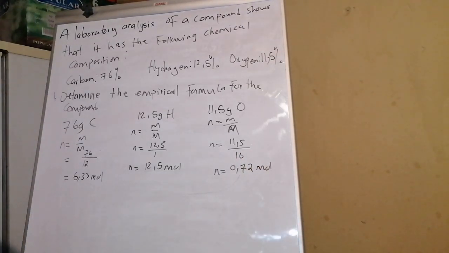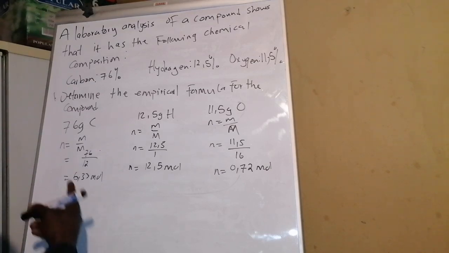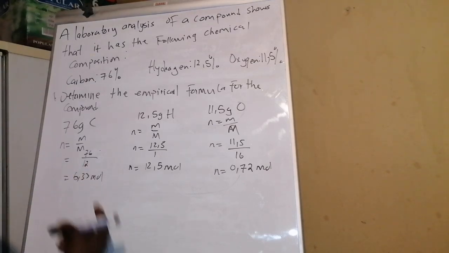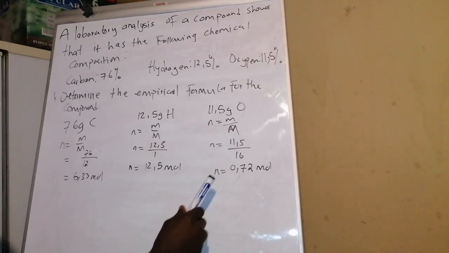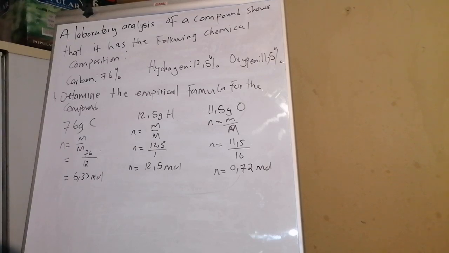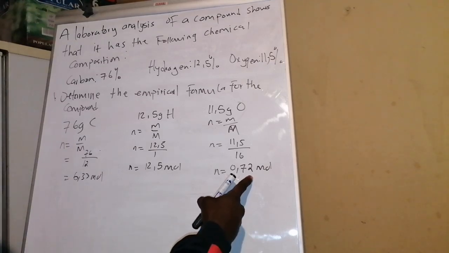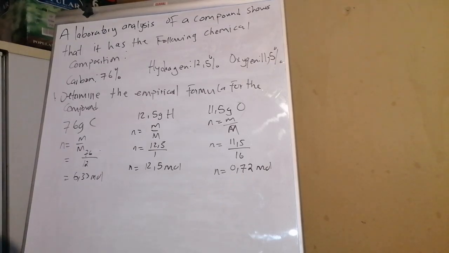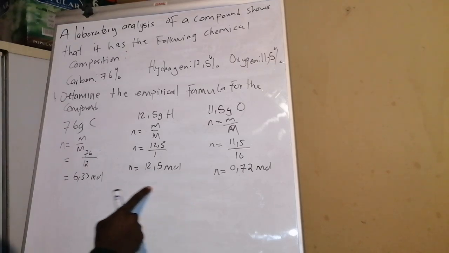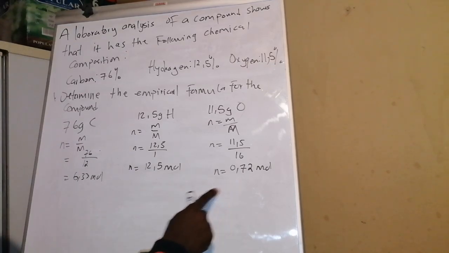Now you compare after dividing, or after determining the number of moles, you compare the smallest answer in these answers which we've got. Now we got 0.72 as the smaller number of moles.